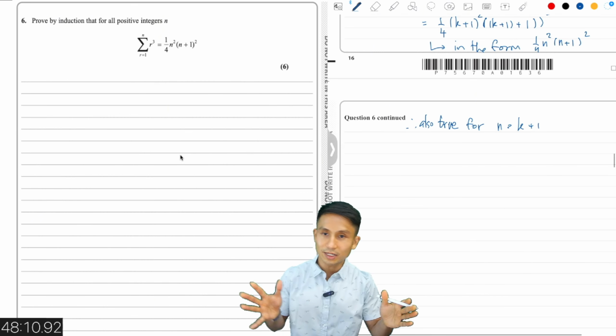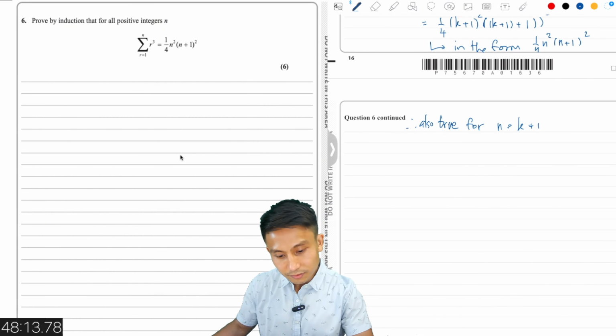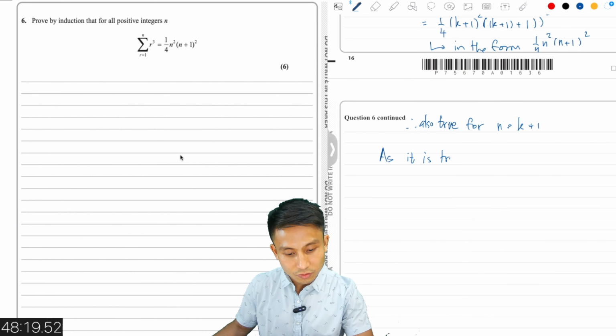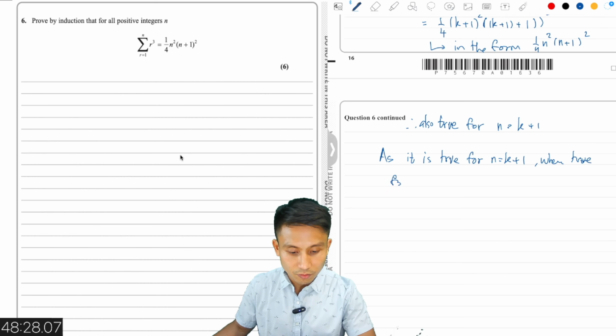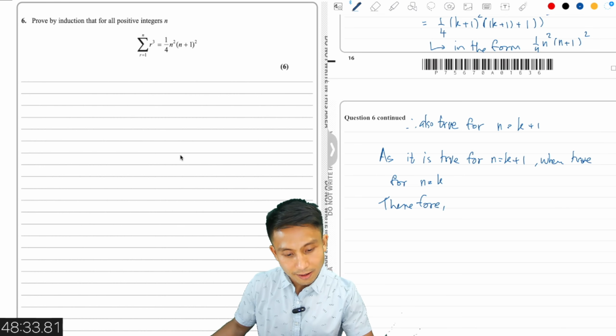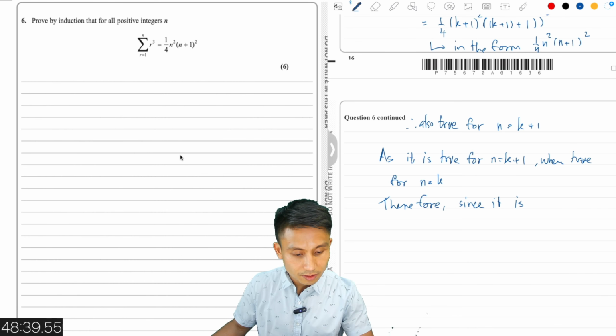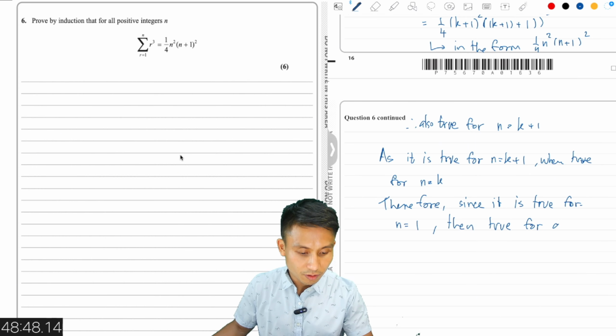Now the concluding step here: as it is true for n equals k plus 1 when true for n equals k, therefore, since it is true for n equals 1, then true for all n being a positive integer.